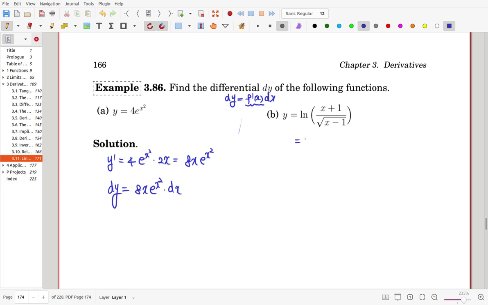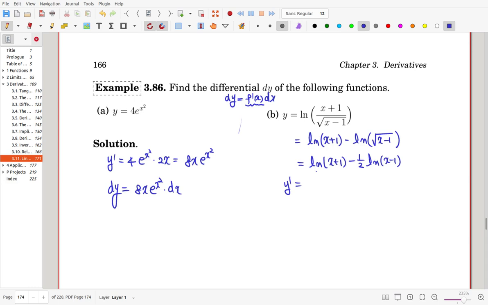Because it's a fraction, it becomes logarithm of x plus 1 minus logarithm of square root of x minus 1, right? Now again, this is a half power, so we can rewrite this as logarithm x plus 1 minus half of logarithm x minus 1, right? Now, we can get the derivative quite easily.